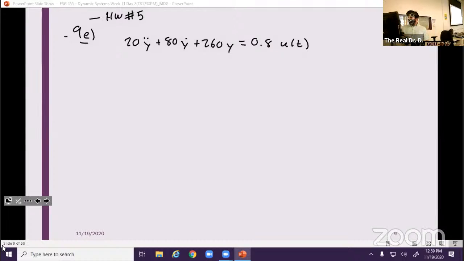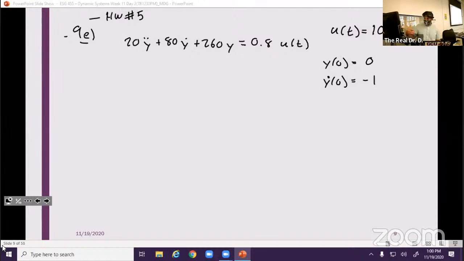And I'm told that y of 0 is equal to 0, y dot of 0 is equal to -1, and u of t was equal to 10 delta t. When you see the little squiggly lowercase delta, that is telling you that it is a Dirac delta function. The Dirac delta function is our impulse. So this is an impulse input with magnitude 10. That's what it's telling us.